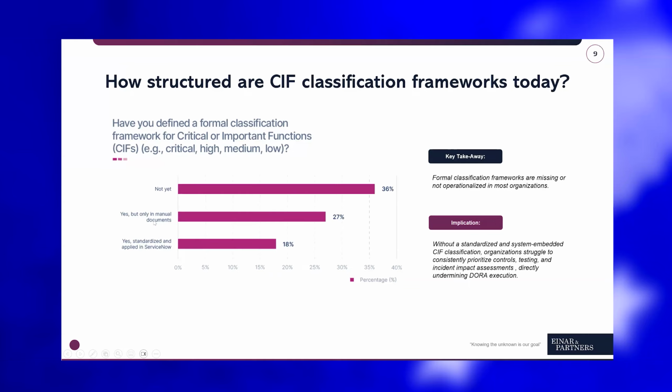And some do, but it tends to be quite manually driven in documents. And less than 1 out of 5 actually have it standardized and applied in ServiceNow or a similar platform. So again, this points to the fact that having structured classification frameworks for how we identify and break down our critical functions is still very much work ongoing, actually.